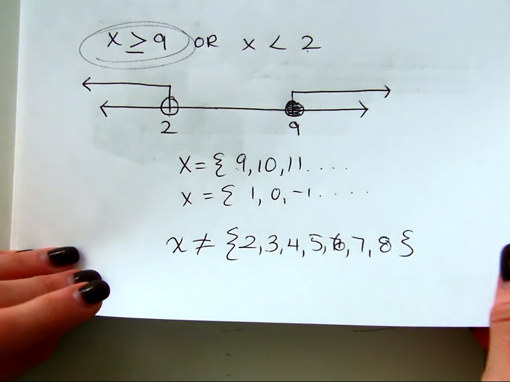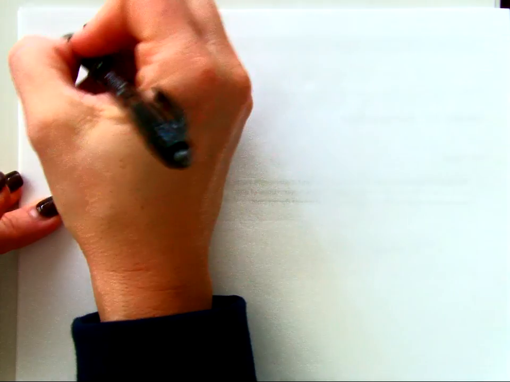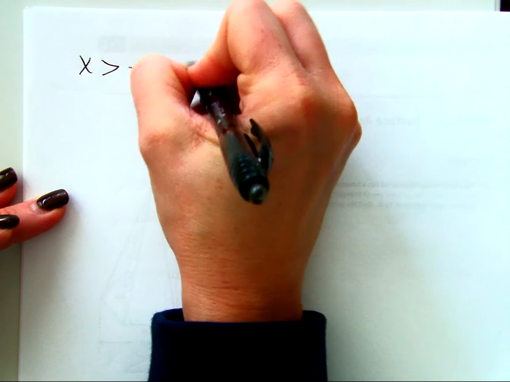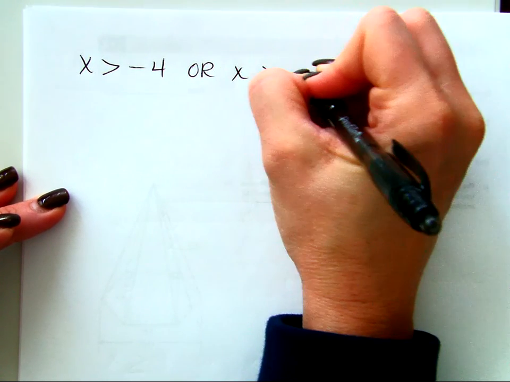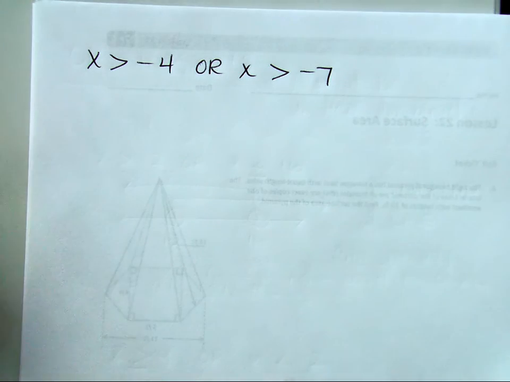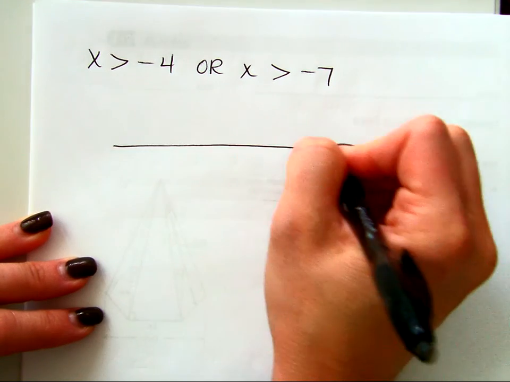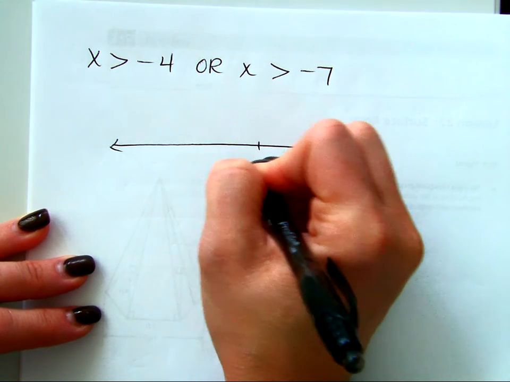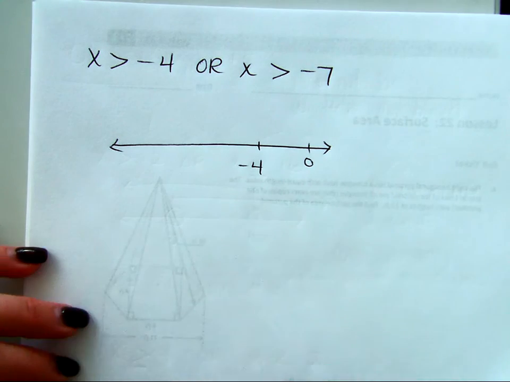Are you ready? X is greater than -4, or x is greater than -7. Okay, so let's see what our graph would look like. First of all, if 0's over here, you need to know that -4 is here and -7 is here.